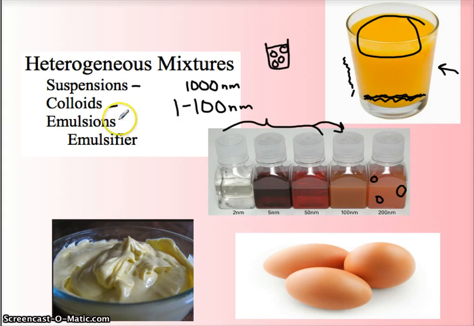Now, there is a curious mixture that has to do with the term emulsions. An emulsion is a mixture of immiscible liquids. Immiscible means it's not supposed to be able to mix together. So when you have two liquids mixed together that don't mix together, you have to have an emulsifier.